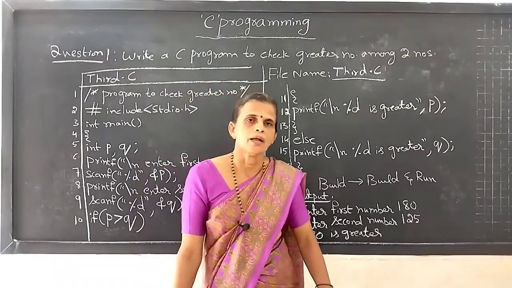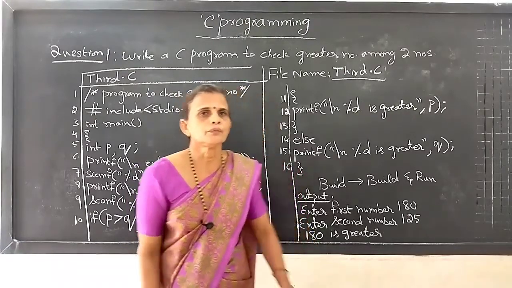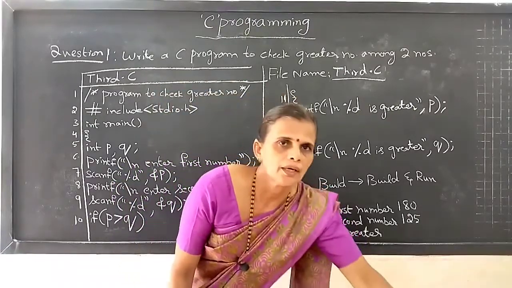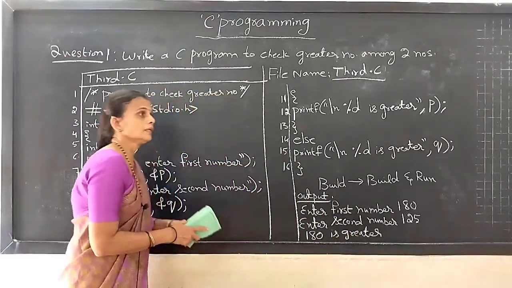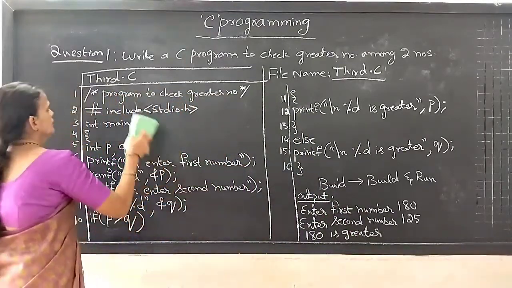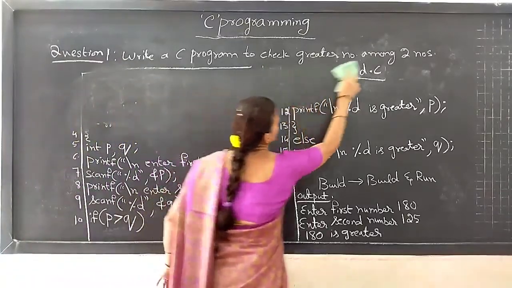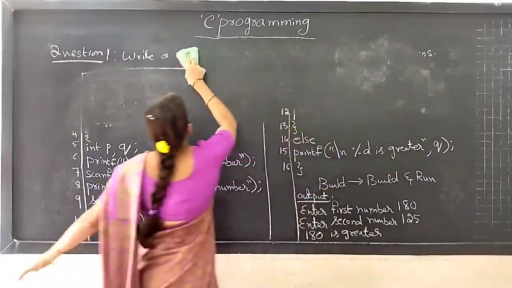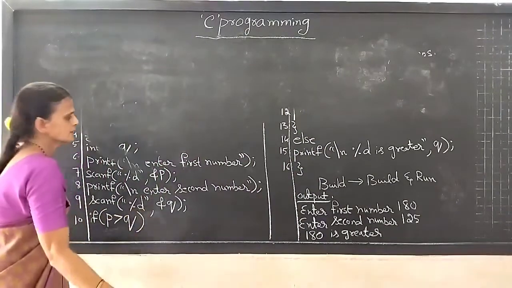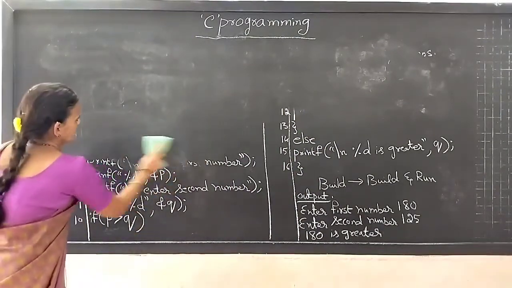Okay, now we'll do one more small question. We'll write the program and we have to know what the output of the program is. Let us write a small program.